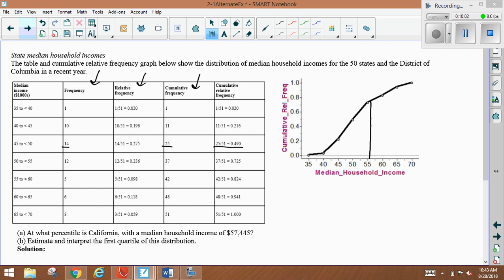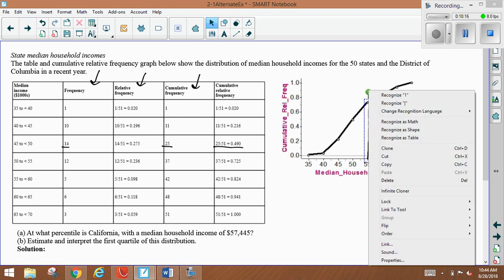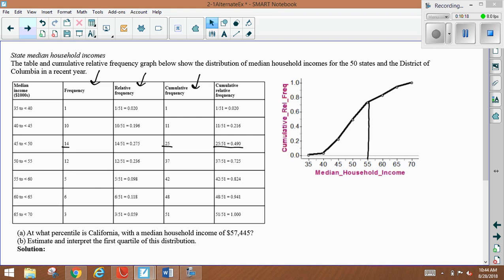It might actually be that, right? I think that's what they're trying to get. Perhaps. And so we're going to match this up to our vertical axis.